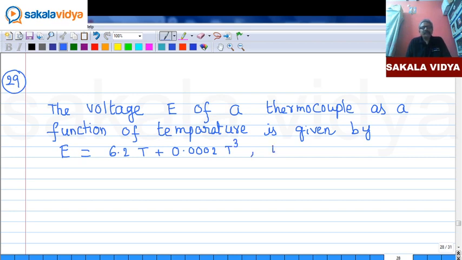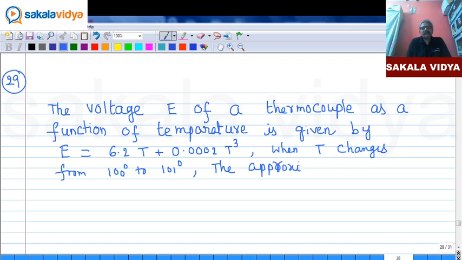When temperature changes from 100 degree to 101 degree, the approximate change in E voltage.